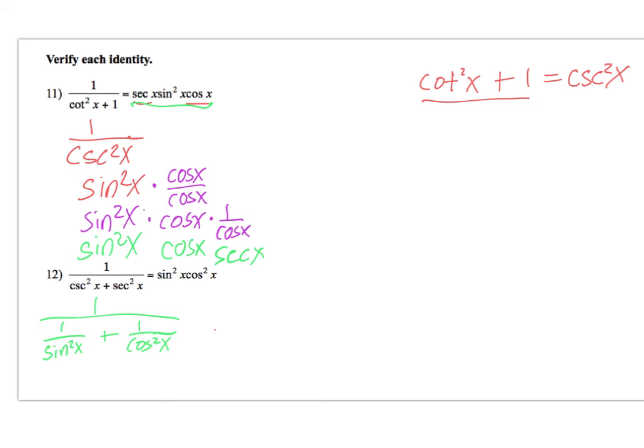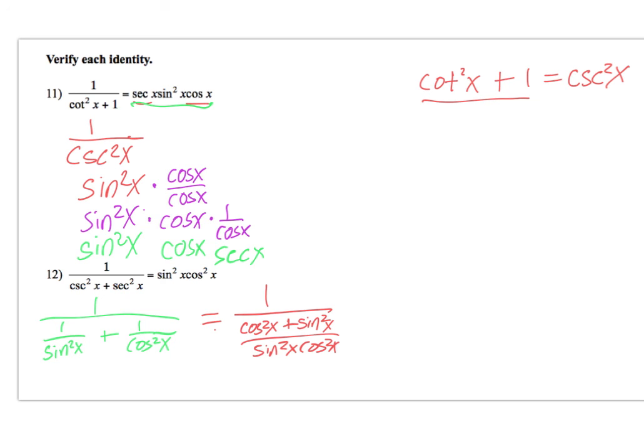We're going to find a common denominator for the bottom. So that's going to be something like cosine squared x plus sine squared x over sine squared x cosine squared x. I did that same step a few minutes ago, so if you want to go back and watch that video part again to help, that might be useful.